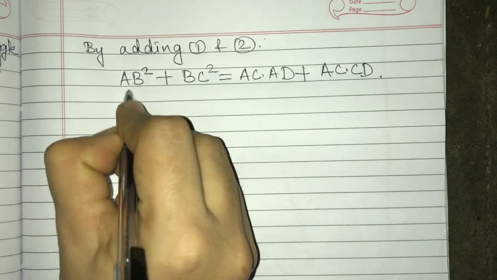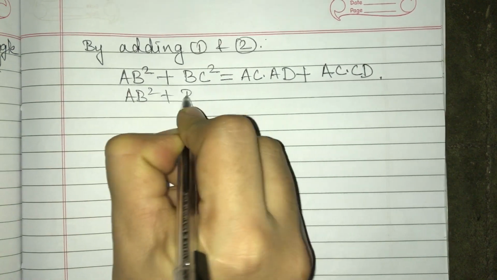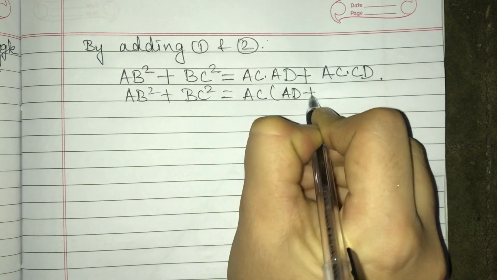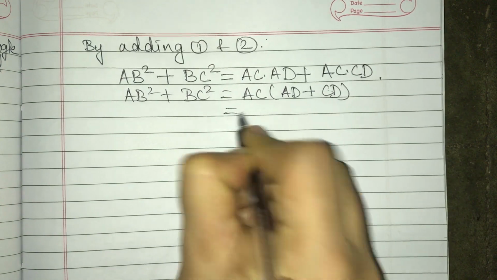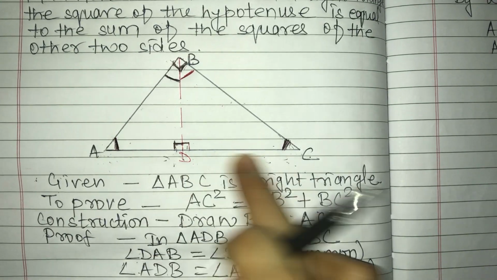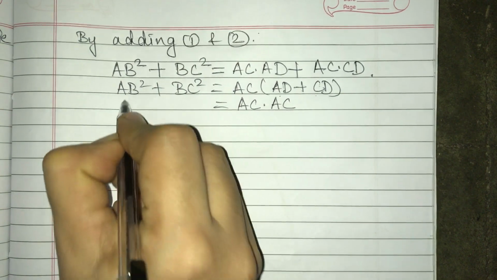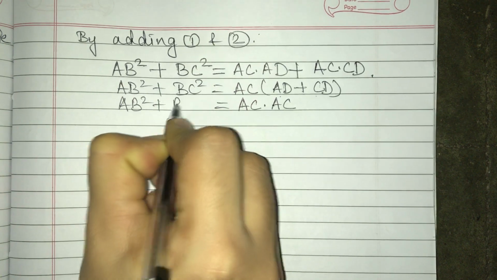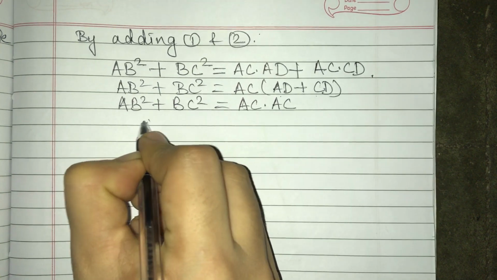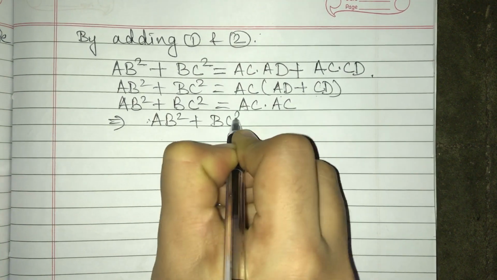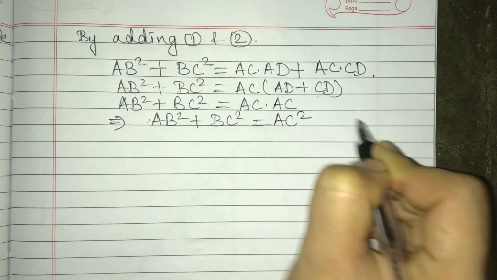Now we have AB square plus BC square equals AC comes out and we get AD plus CD. And just look here, AD plus CD equals this whole side AC. So AB square plus BC square equals AC into AC, and finally we get that AB square plus BC square equals AC square, hence proved.